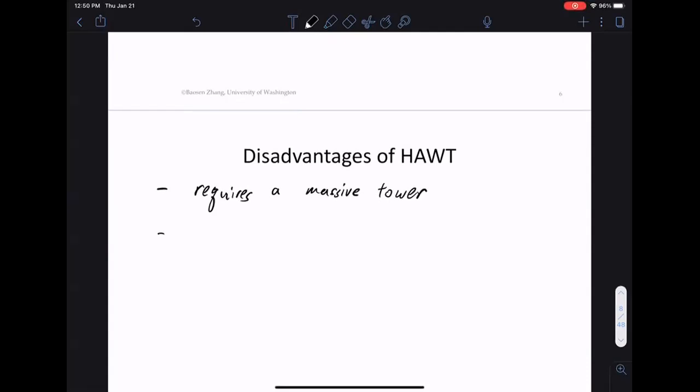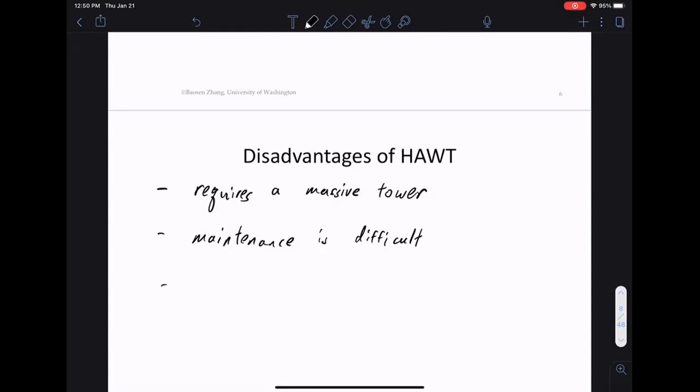And maintenance is really difficult, because you need to get somebody up there to do maintenance. For example, if the gearbox has problems, you need to do maintenance on the gearbox, and somehow you have to get onto this 100-meter tall tower, which is a difficult thing to do.